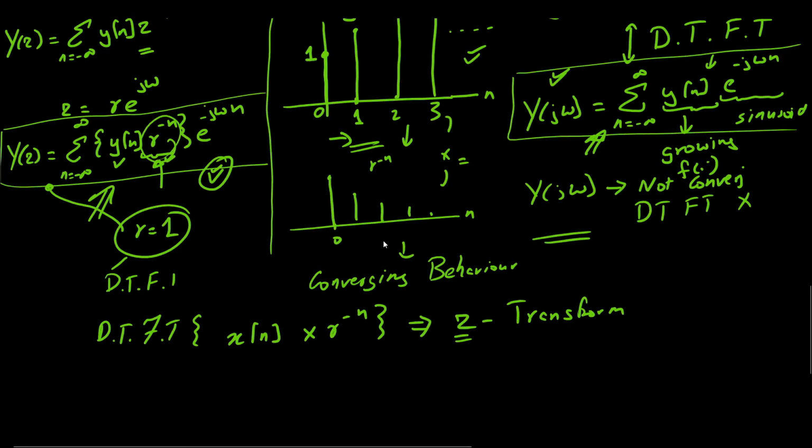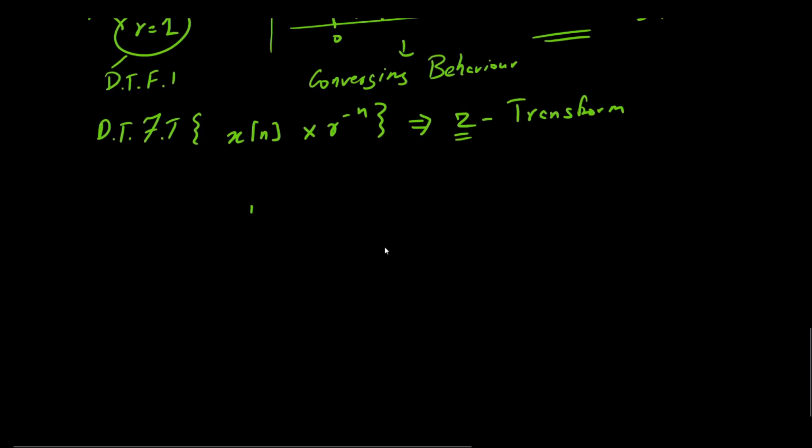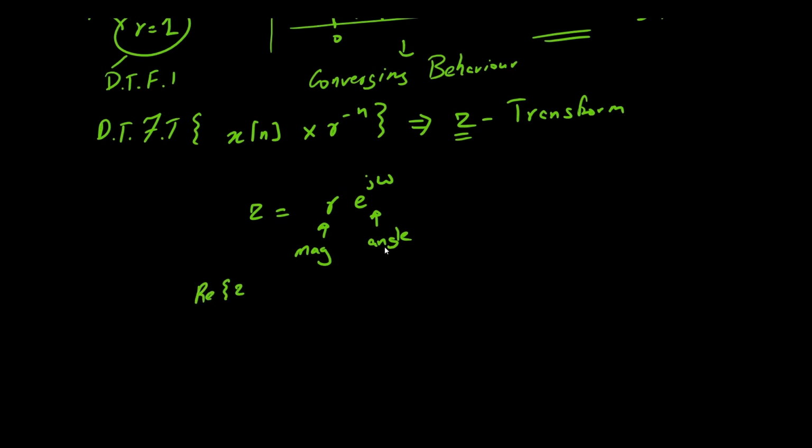Now let us look further into this variable which is z in the z domain. So this z is again r e^(j omega), where r is the magnitude and omega is the angle. So let us say we are taking the real part of z, so this would simply be r cos omega.